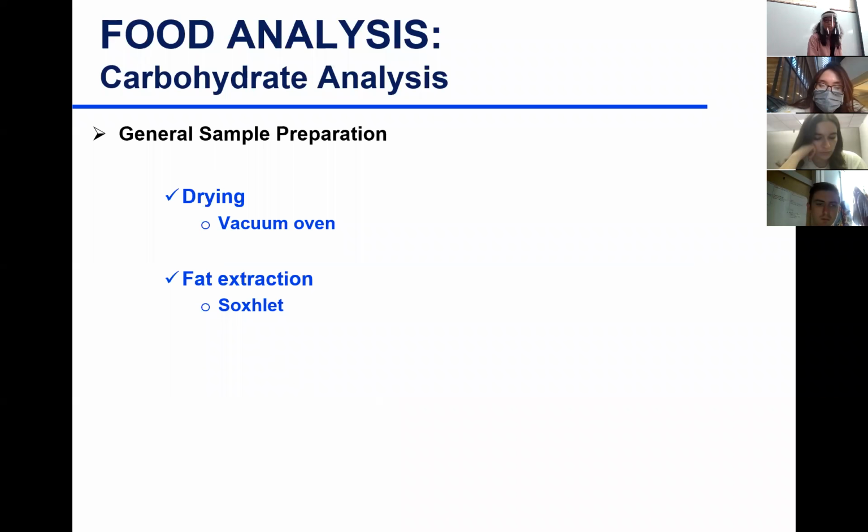Okay. So looking at preparing your sample for carbohydrate analysis. I oftentimes ask in a quiz or exam, how do you prepare your sample to analyze for reducing sugars or mono- and disaccharides or di- and oligosaccharides? And you have a complex food matrix high in moisture, protein, fat.